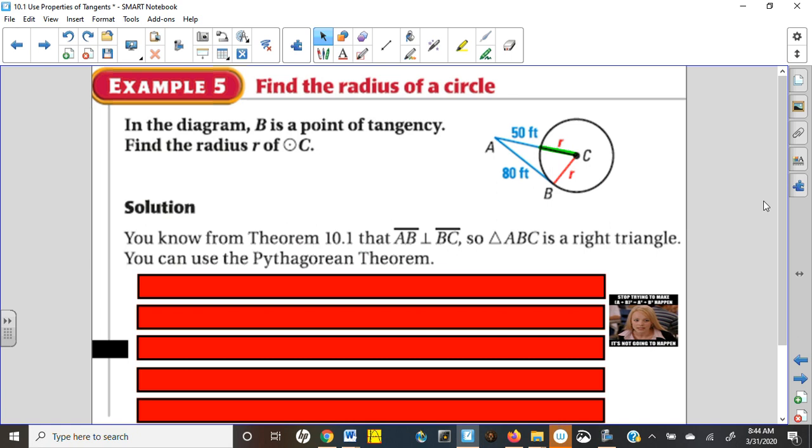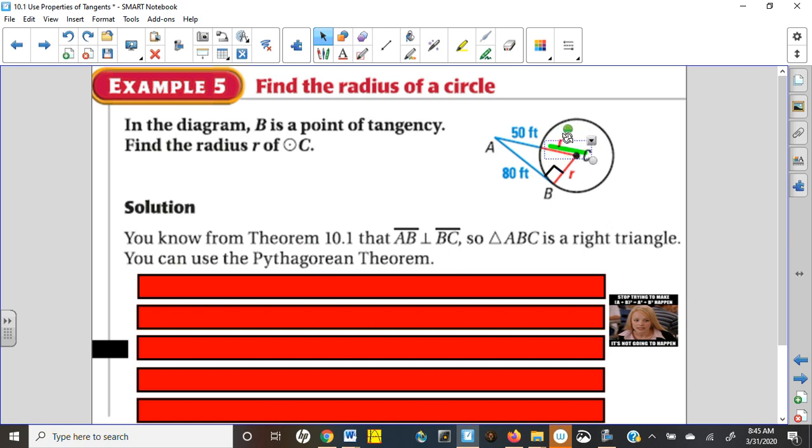Here's another example, same premise, okay? But this time, they tell us AB is tangent, and they want us to solve for the radius of the circle. Now notice that this radius is one leg of this right triangle. We know this is a right angle right here by the theorem. One of the radii is a leg, and the other radius is part of the hypotenuse.